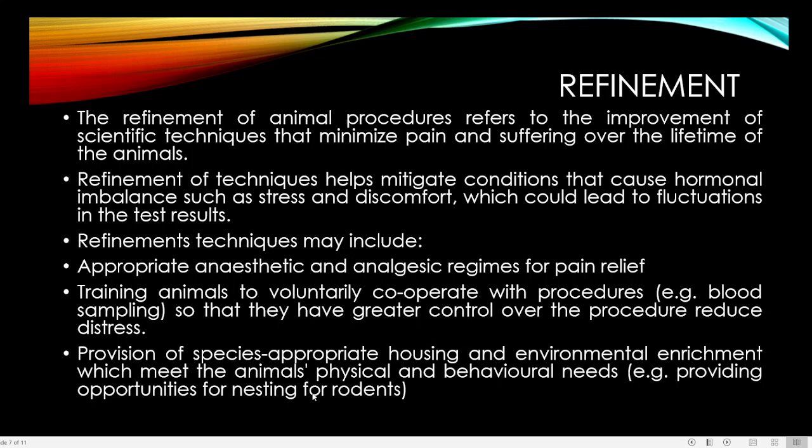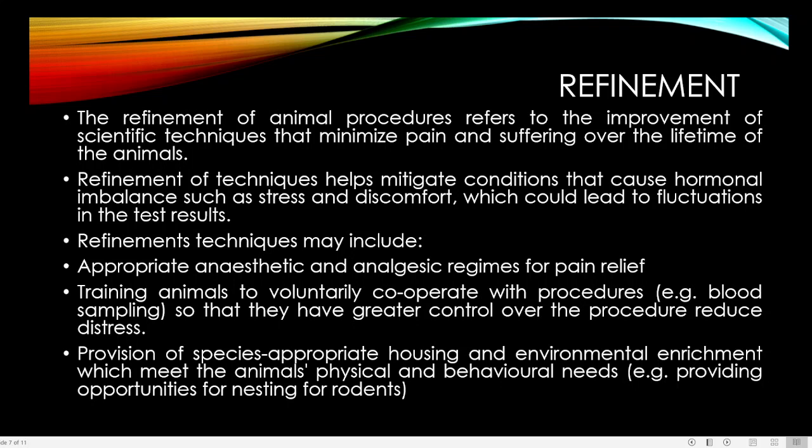Then the provision of species-appropriate housing and environmental enrichment, which meet the animal's physical and behavioral needs. For example, providing opportunity for nesting. After the use of this animal, they should be given proper care. They should be given proper food. Then only will the animal feel okay.